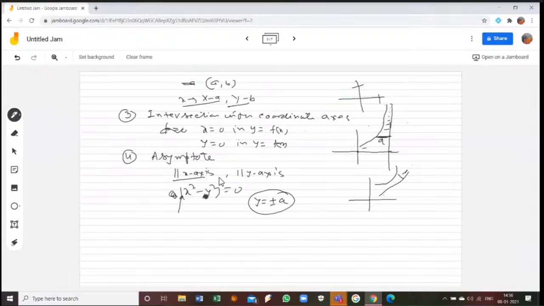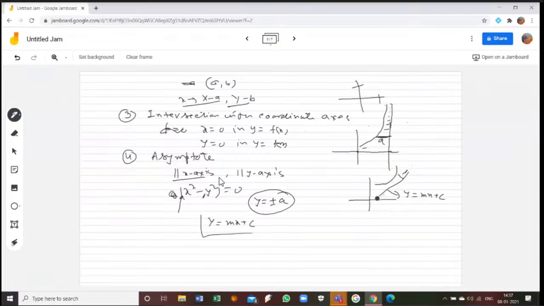Sometimes, if the curve does not pass through the origin, you will not get the asymptotes by equating the even powers of x or y. Instead, you have to put y is equal to mx plus c, which is not the x-axis or y-axis.